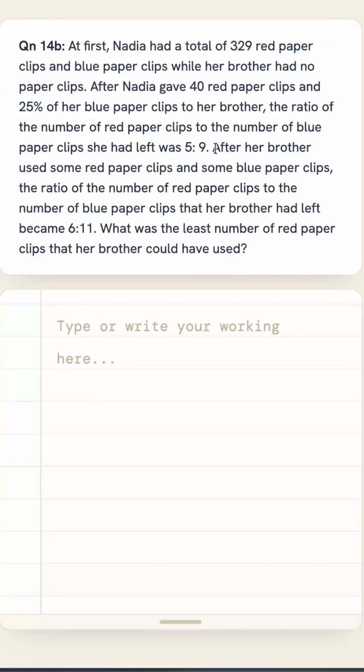Part B says, after her brother used some red paper clips and some blue paper clips, the ratio of the number of red paper clips to the number of blue paper clips that her brother had left became 6:11. What was the least number of red paper clips that her brother could have used? So can we use the table as well? Yes, we can.